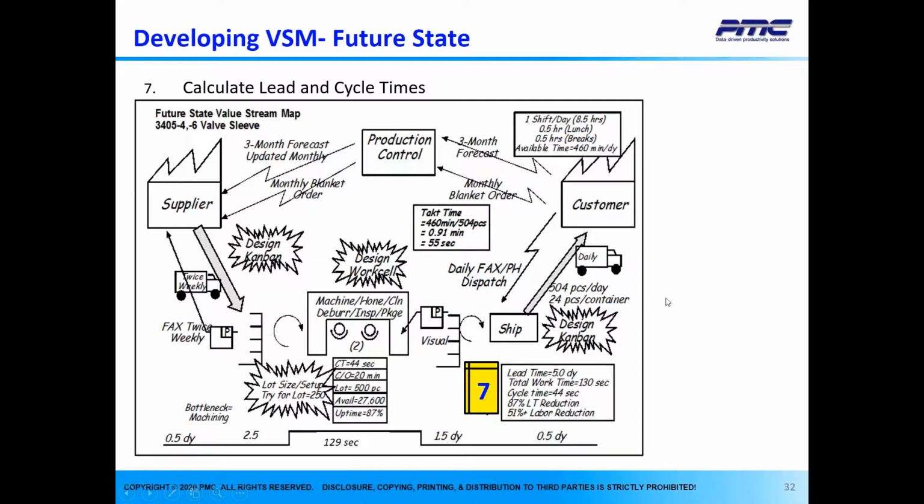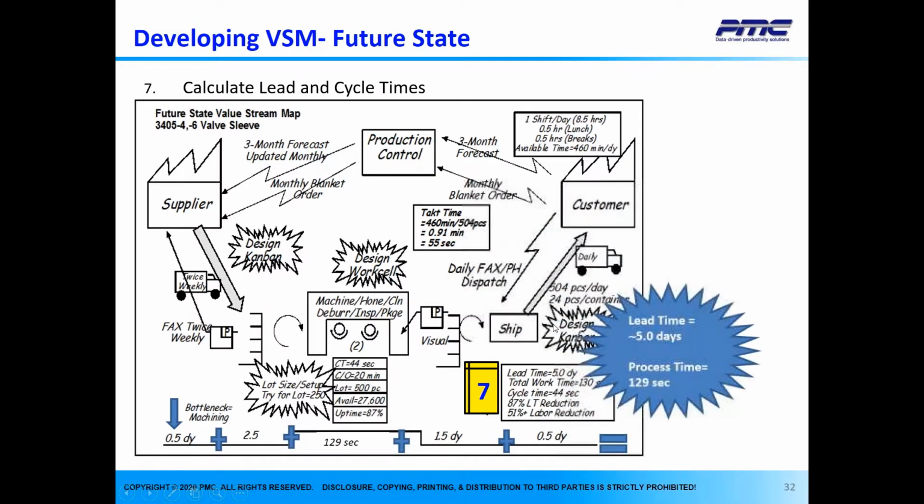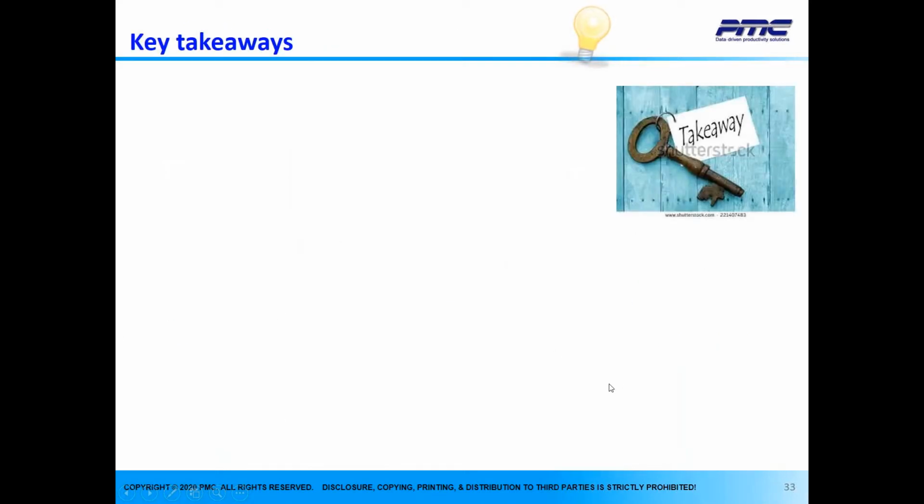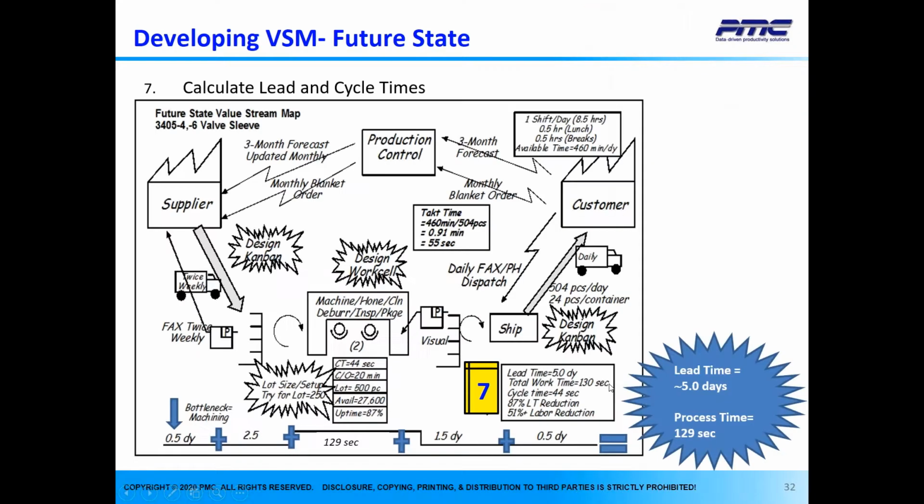So at the end of the day, we have a new process time of 129 seconds, which didn't change, but the lead time overall went from 41 days down to 5 days.